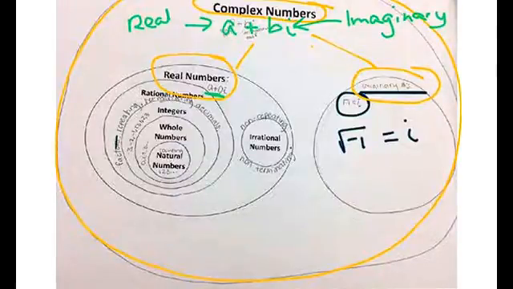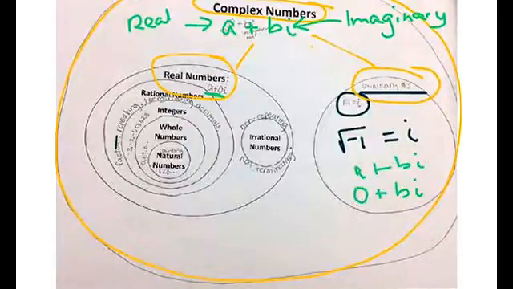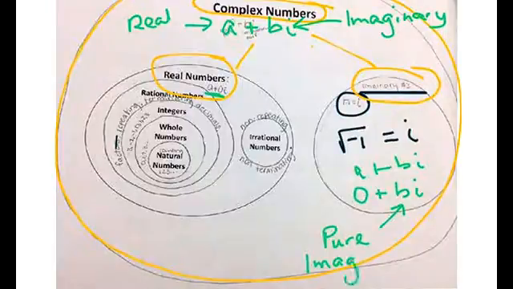Imaginary numbers can be written in the form a plus bi or 0 plus bi. So it might not have a real part. In this situation, this is called a pure imaginary number. Be sure that you get this organizer, because on the back of it is a review of your exponent laws, and they will be helpful as we go through this.